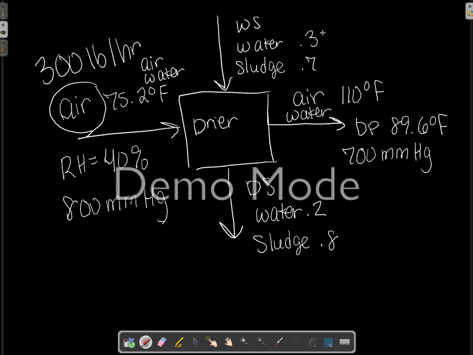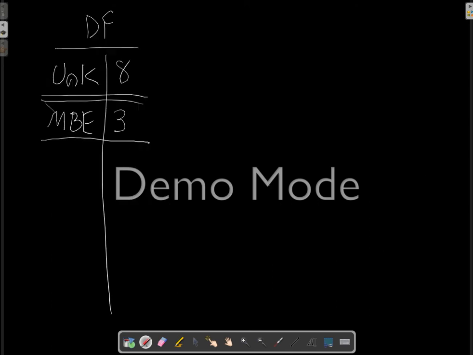So we know water and sludge add up to 1. Because we already knew that, sludge doesn't count as its own mass fraction. We know this because we've done degrees of freedom before. So for our total number of mass fractions, it's only going to be 2. I believe, yes, these are mass fractions, so they will be little omegas.